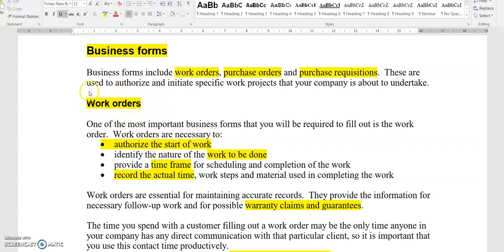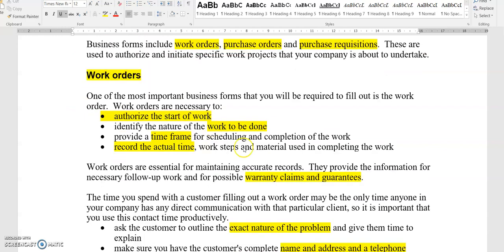So nowadays, even though work orders are done on computers and more or less become legible by default, if you do carry work orders in a stack of paper, then you have to know what to fill out and how to fill out. And one of the most important things is to make sure that all work orders or any business form is filled out legibly.